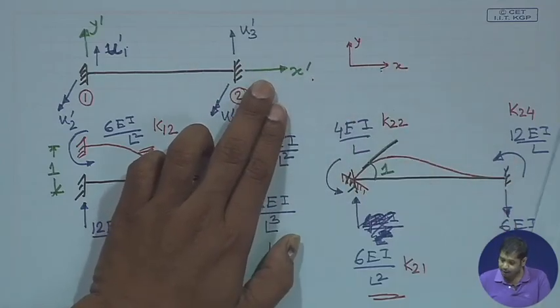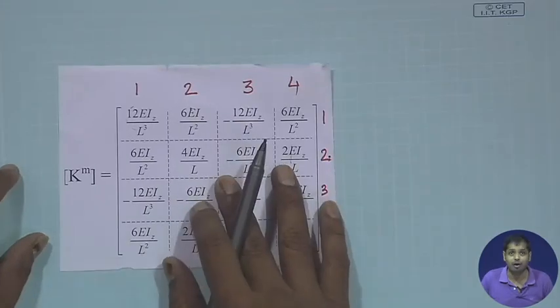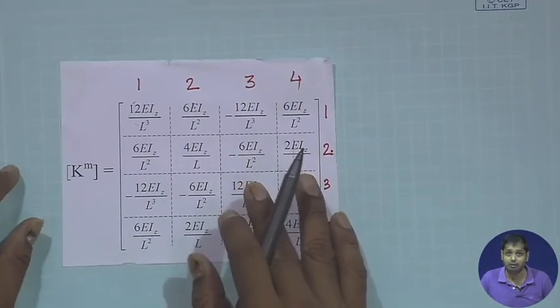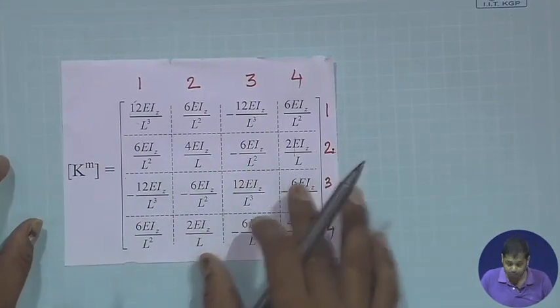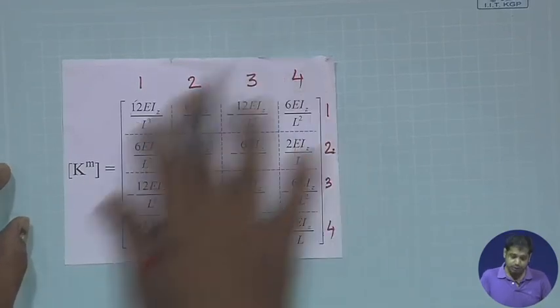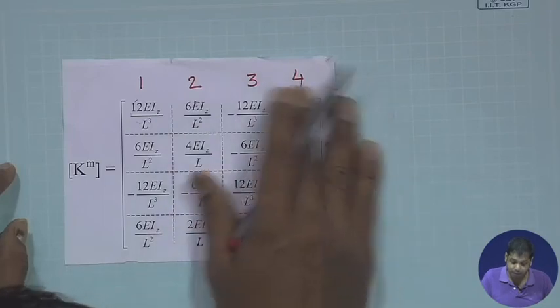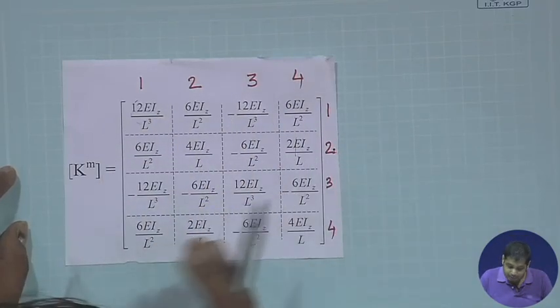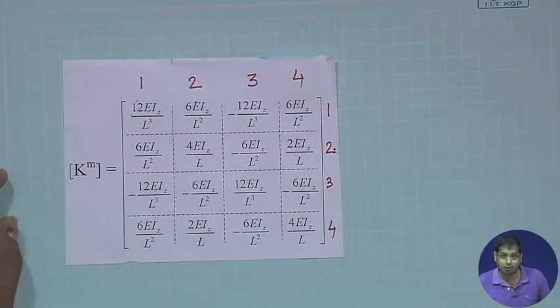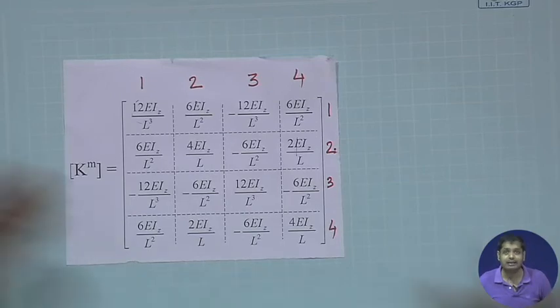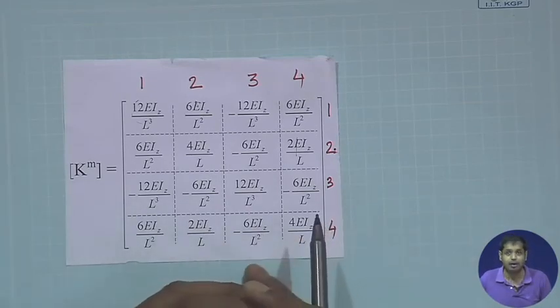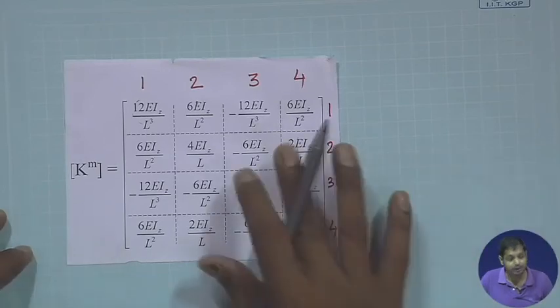If they are same, the stiffness matrix that you obtain for local coordinate system, the same stiffness matrix you can obtain for that beam segment for global coordinate system as well. So, this will give you the global coordinate stiffness matrix for a given member. Similarly, you can have the stiffness matrix in global coordinate system for all the members and then assemble them. And how to do that assembling, when we do some numerical example, we can see that.